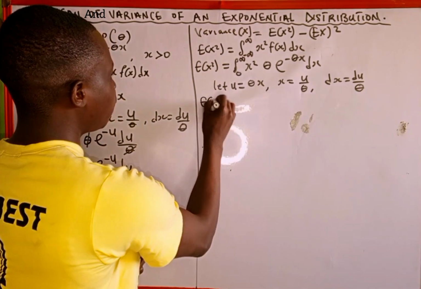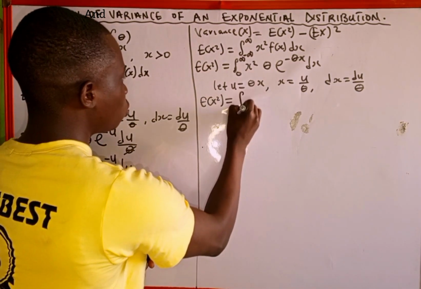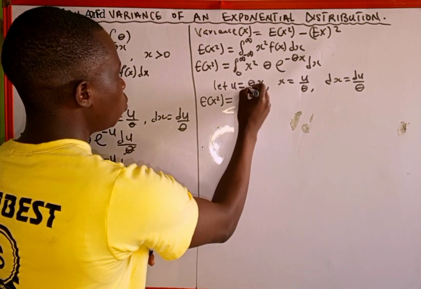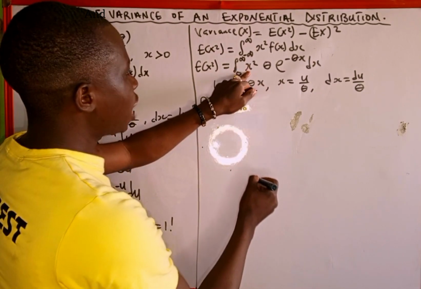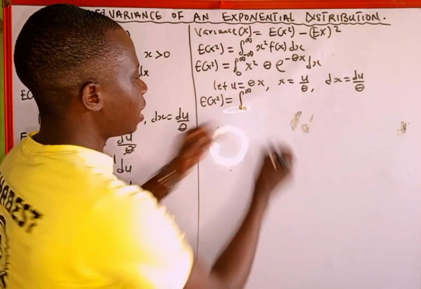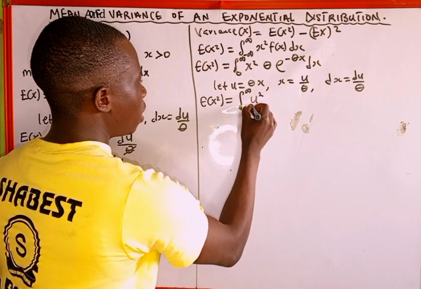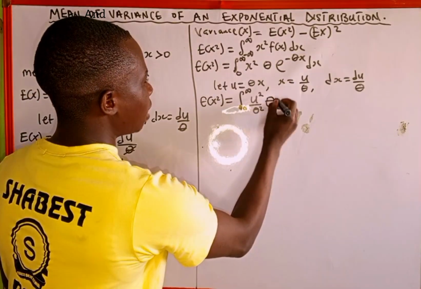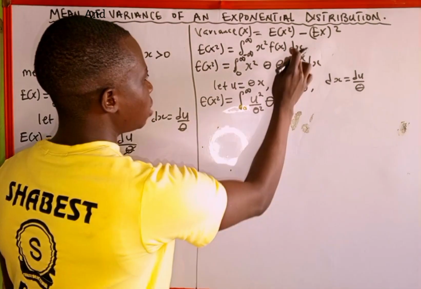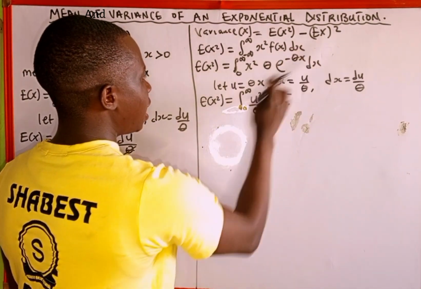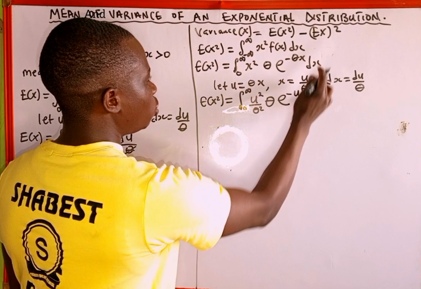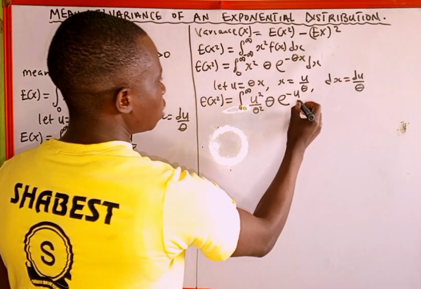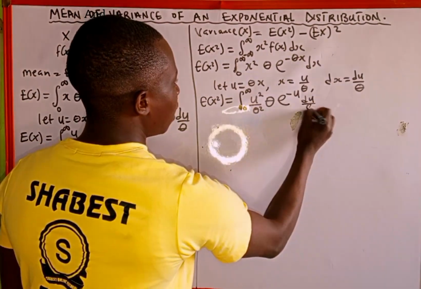So the expected value of x squared will now be equal to the integral from 0 to positive infinity of x squared, which is u over theta, the same as u squared over theta squared, then theta multiplied by exponential of minus theta x, which is the same as u, and dx is du over theta.